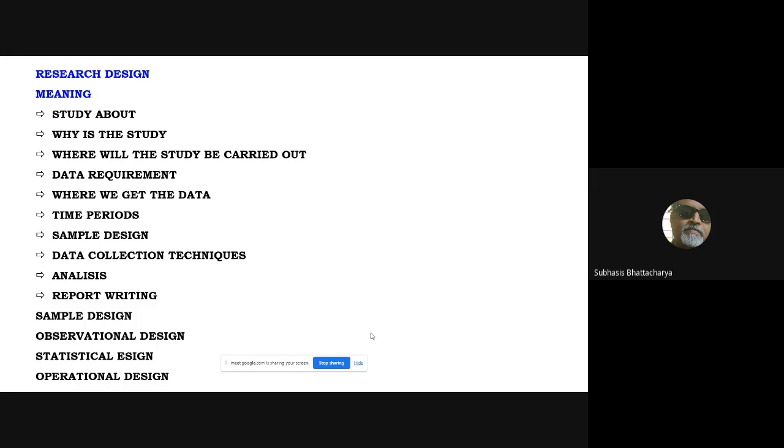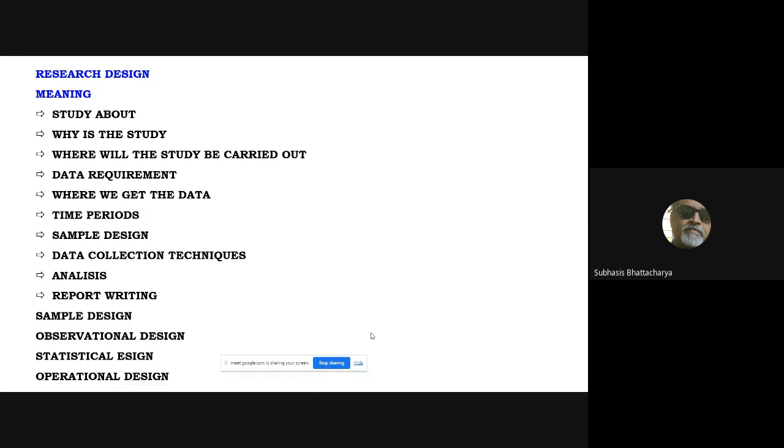And it is the conceptual structure considering the collection, measurement, and analysis of data. Research designing is dealing with what? It collects, it measures, and it analyzes the data. So such designing includes what the researcher will do, from writing hypotheses and their operational implications to the final data analysis.